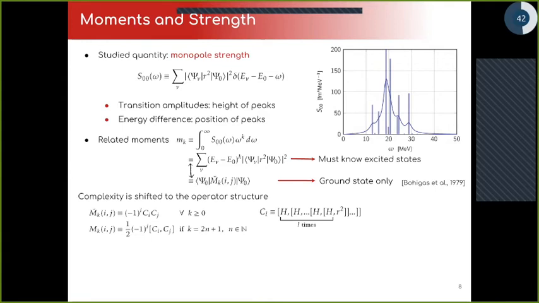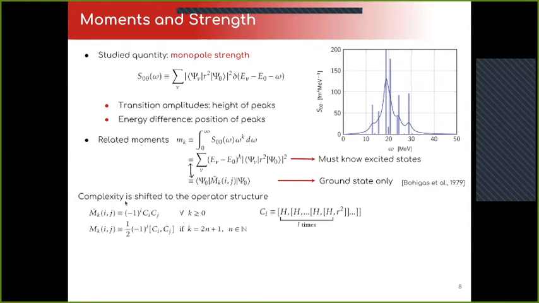So you see that in some sense we are shifting the difficulty of this computation from the knowledge of the excited states to the knowledge of only the ground state, but computing the average of some more complex operator. These moment operators are defined as follows.